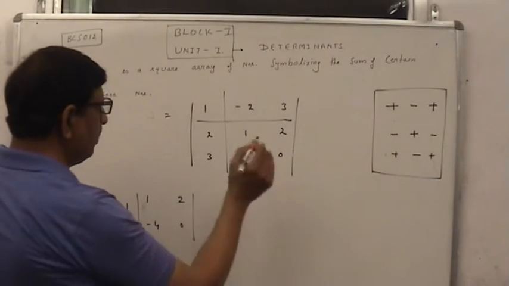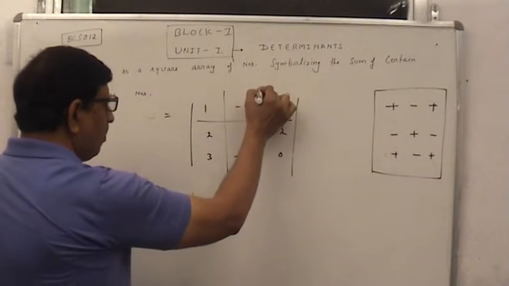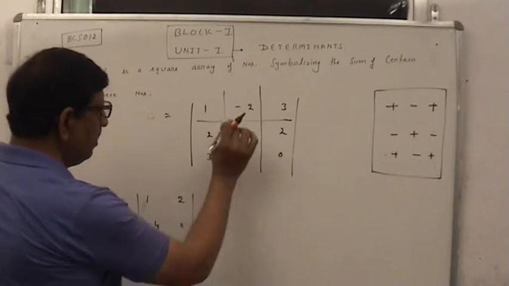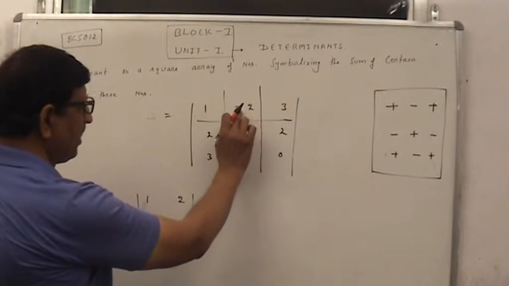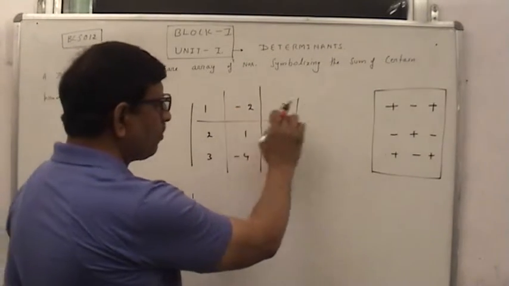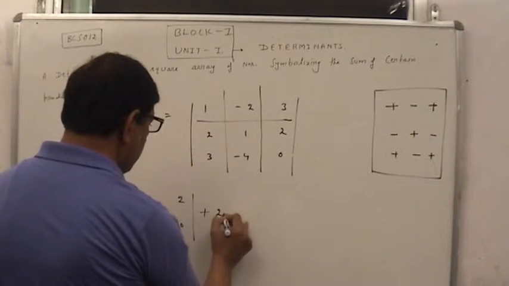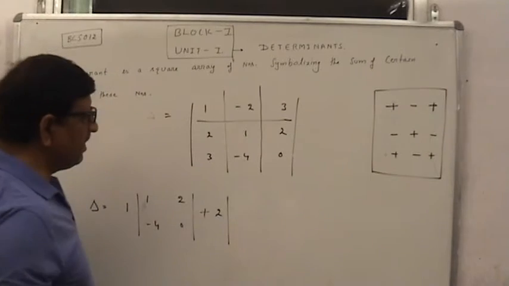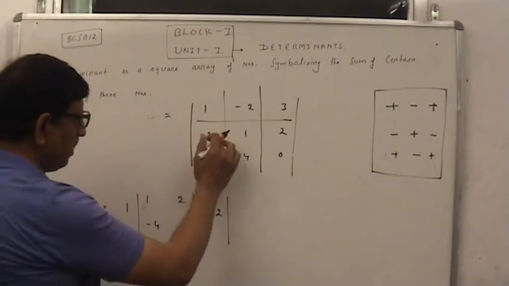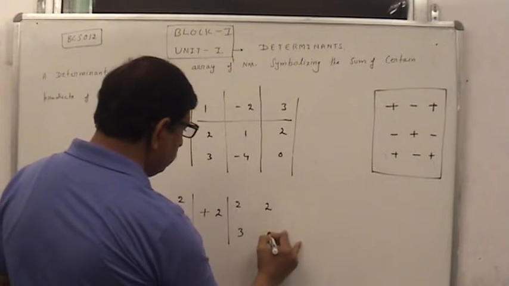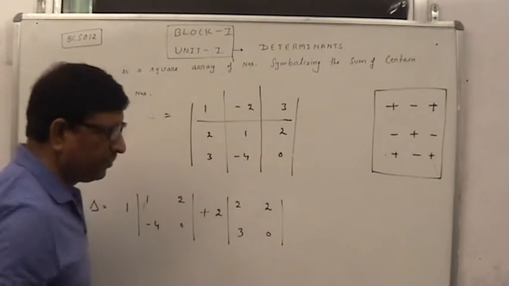Then draw another line, trapping the second column. Now see, this element is trapped. Its sign is negative, the rule says negative. Negative into negative is positive. And the elements which are out of the trap are 2, 3, 2, 0.